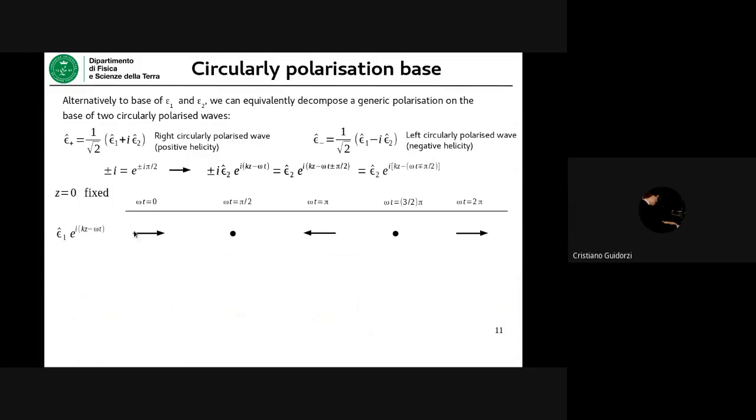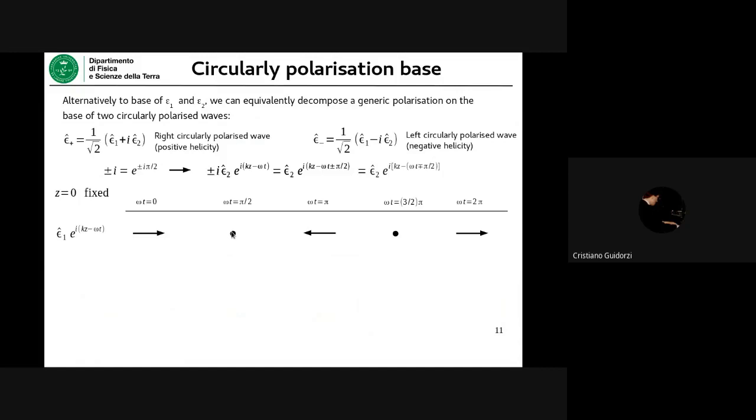So the x-axis in our mind is just the horizontal axis. So when omega t is 0, of course, all this guy is 0. So it means that the electric field component due to epsilon 1 is just directed along the positive direction of the x-axis.